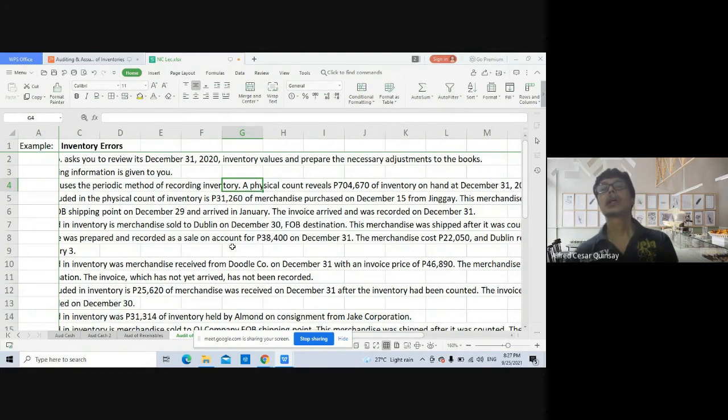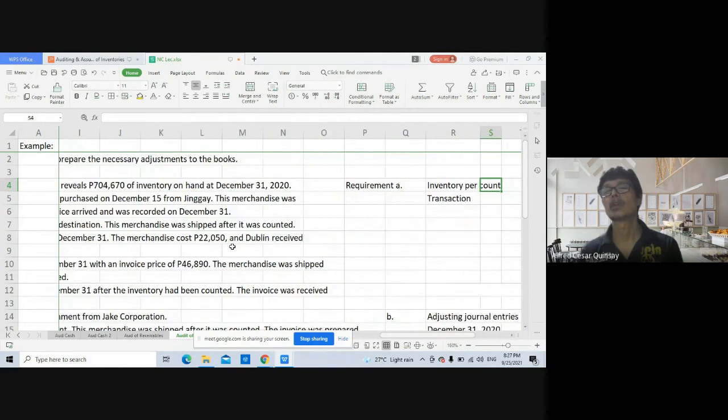So it revealed that 704,670 of the inventory was on hand. That is the value of the inventory on December 31, 2020.